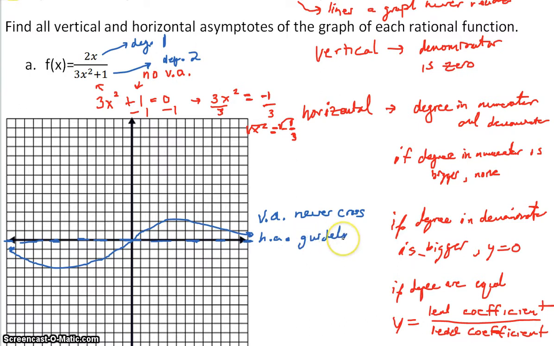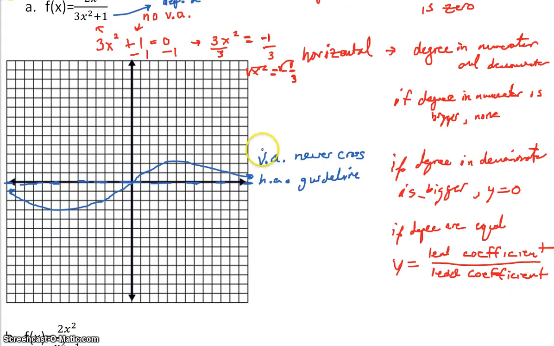Okay? Because an asymptote in calculus specifically describes how a function behaves over time. And what this does is provides a guideline that sooner or later it's just going to get closer and closer to that asymptote in both directions.